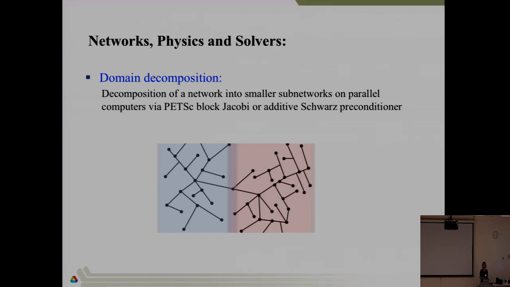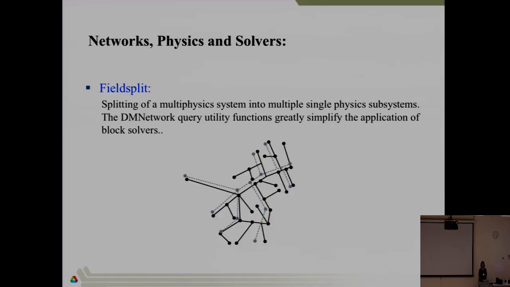So for the DMNetwork, you can have an individual computer process compute a subnetwork, and put them together. And the field split. Field split is a decomposition of the physics. And you know we have a query function. You can query a particular physics, and then it is very easy to get the index for the field split. So using field split with the DMNetwork is really convenient.